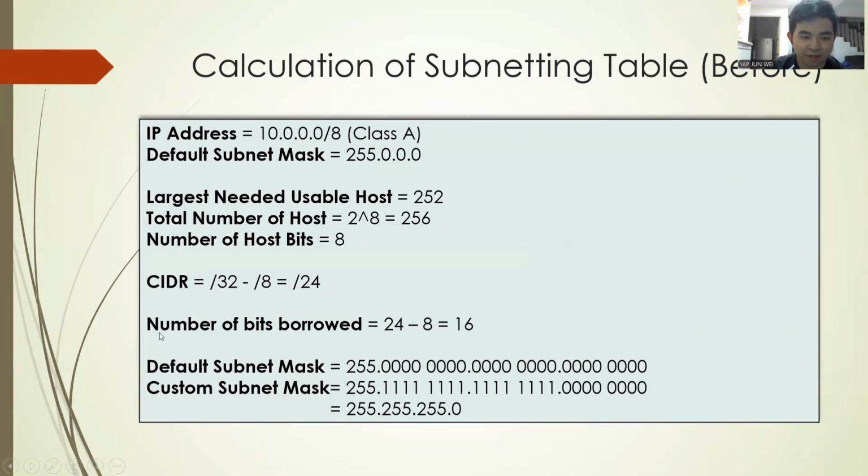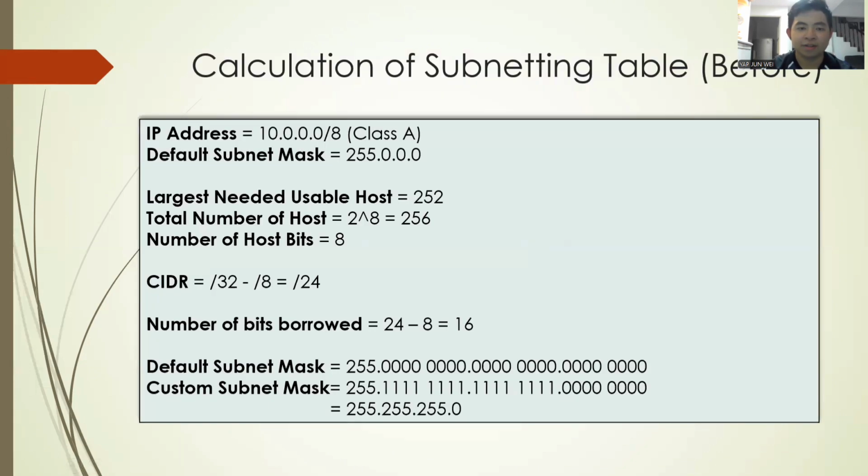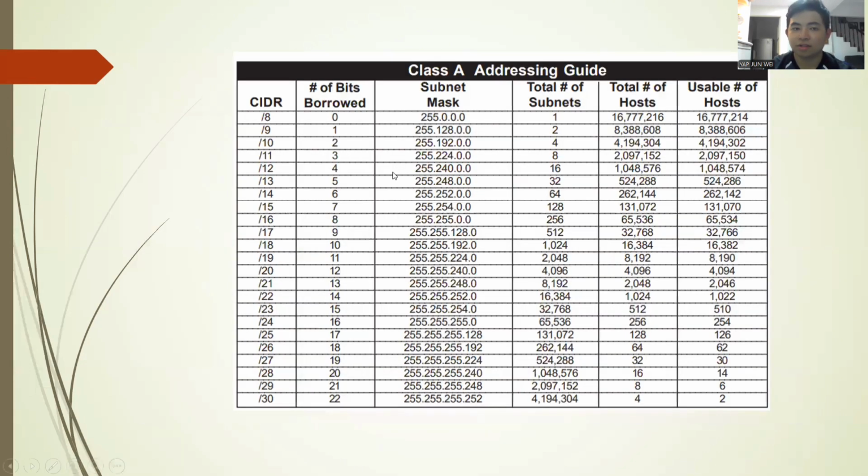Then you need to find the number of bits borrowed, so 24 minus 8 equals 16. You put 16 inside the custom subnet mask, so you can find the final subnet mask here. If you don't understand the earlier calculation, you can check based on this addressing guide.